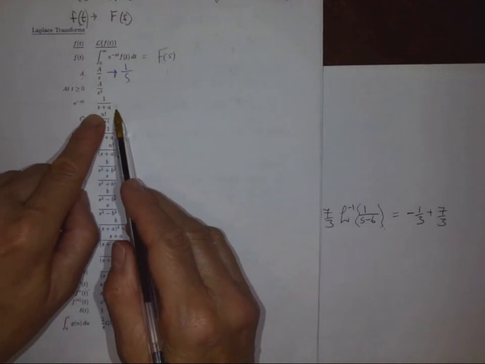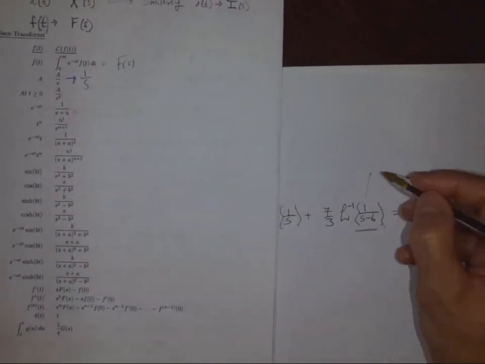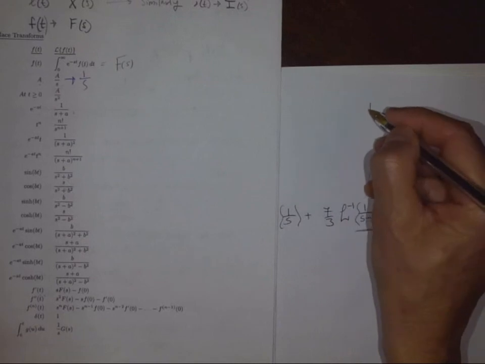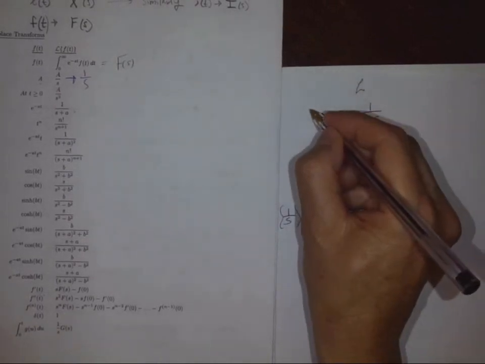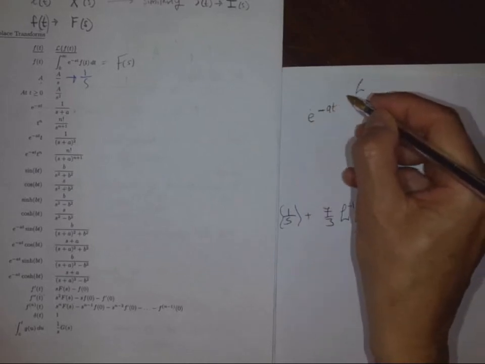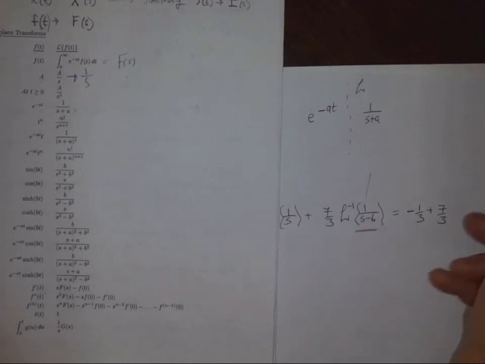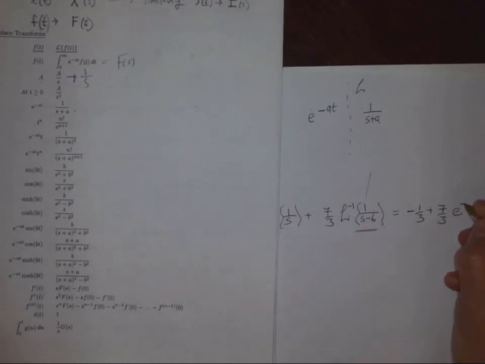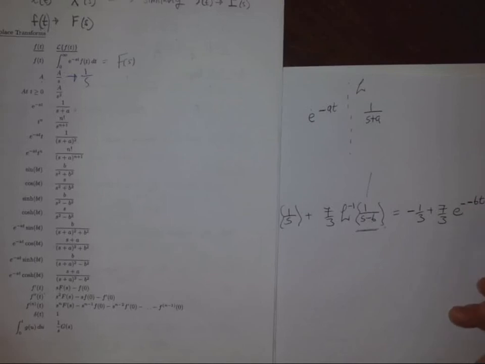On the tables we have 1 over (s plus a) on the Laplace side, and on the function side we have e to the minus at. So if it's 1 over (s minus 6), that is going to be e to the 6t.